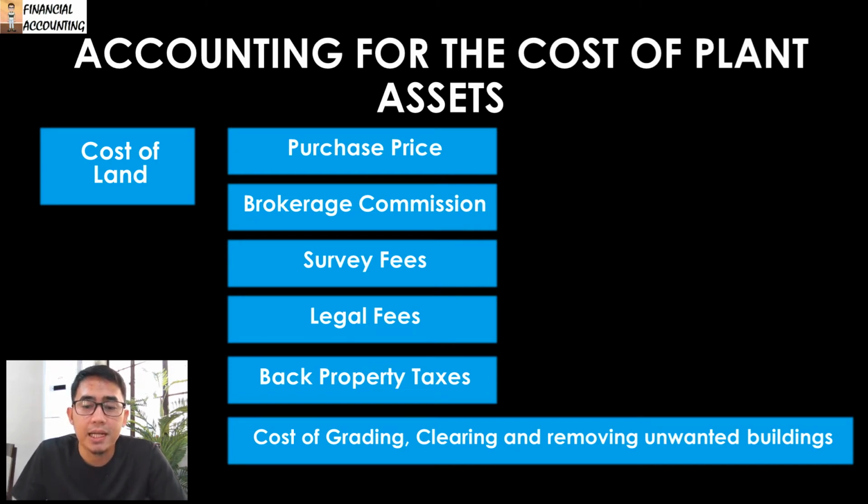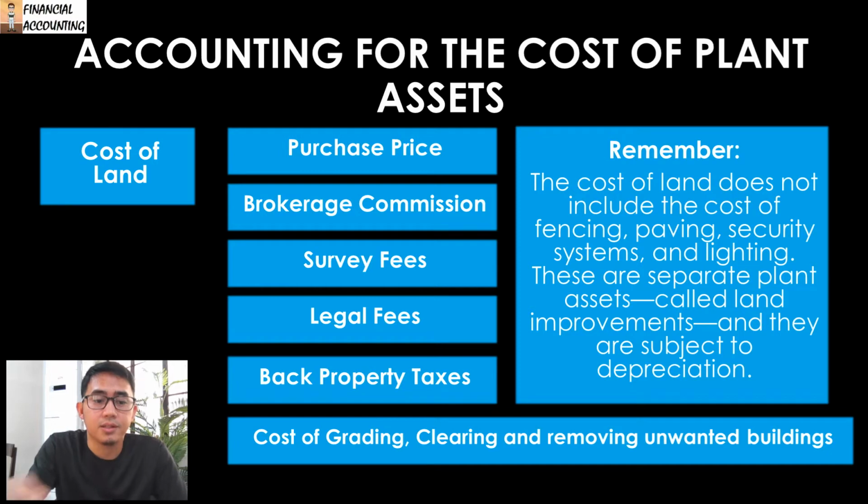Then the cost of grading, clearing, and removing unwanted buildings. If you bought land and there are unwanted structures that are not necessary for you to use the land and you need to remove them, then the cost of grading, clearing, and removing unwanted buildings should be charged to the cost of the land.